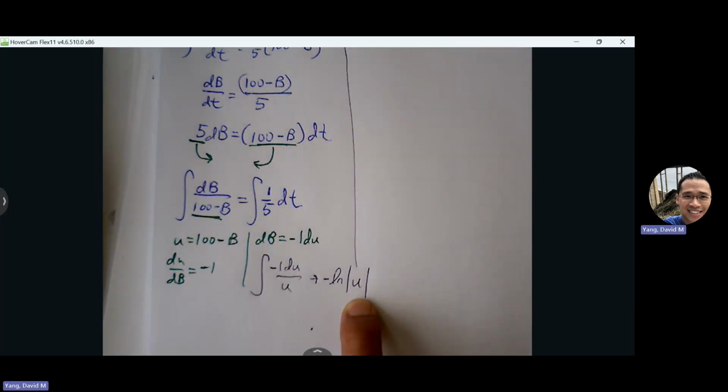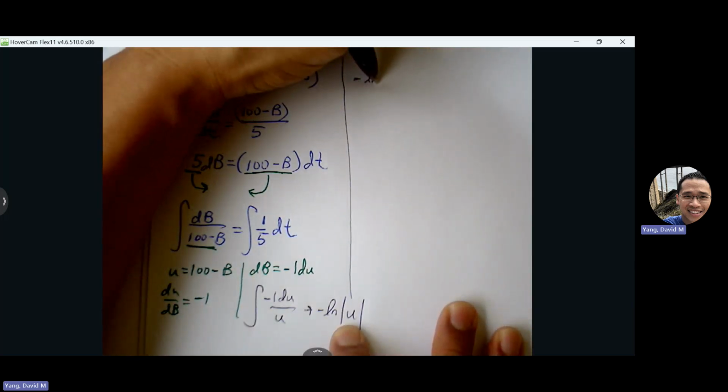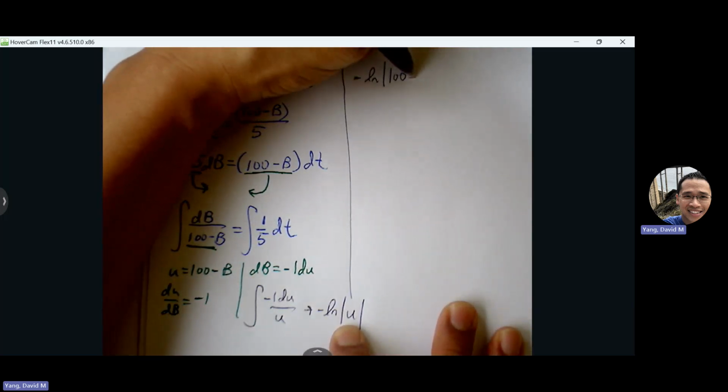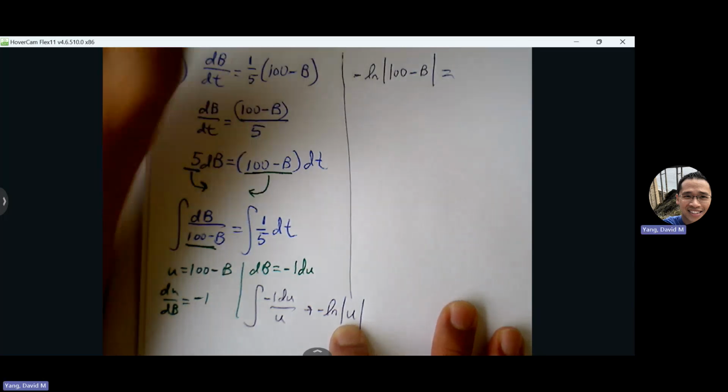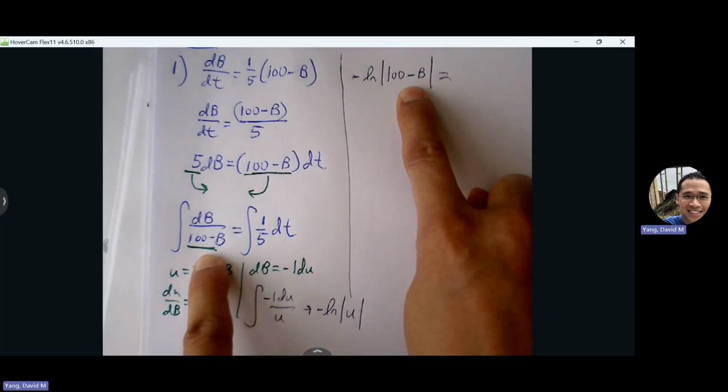And then I can bring back my original variable b. So negative natural log absolute value of 100 minus b. So that's the result of my integral of the left side.